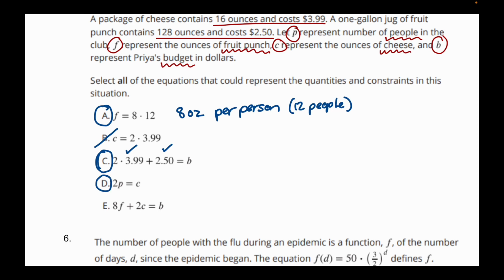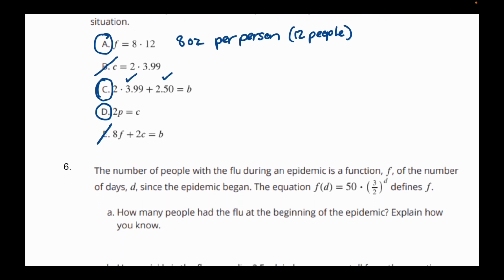We have to double the number of people, and that would give us the ounces of cheese she needs to purchase. And then the last equation here says 8F, well, that's 8 probably ounces of fruit juice that it's talking about, and 2C, that's not going to equal our budget because these are just amounts and not dollars. So E is not going to work for us here. It's just going to be A, C, and D.